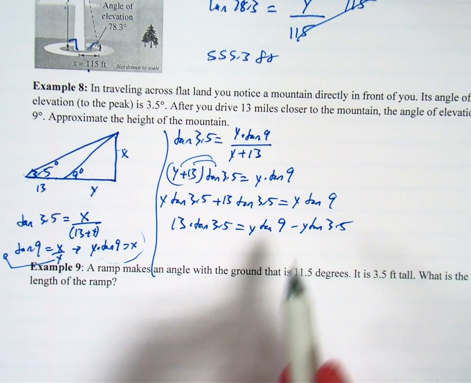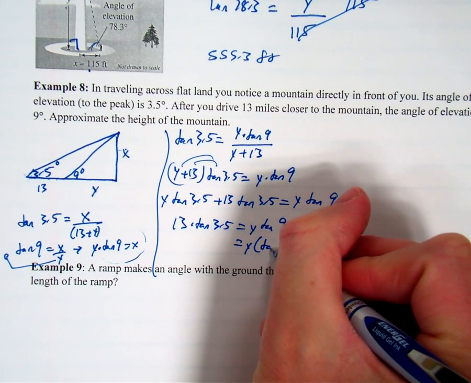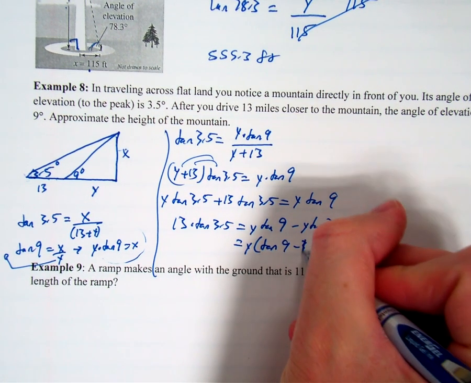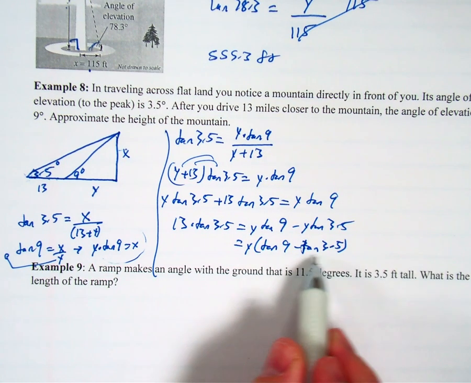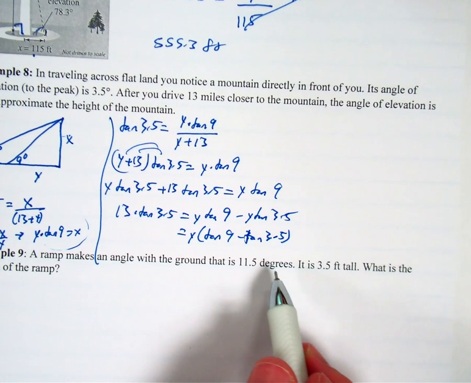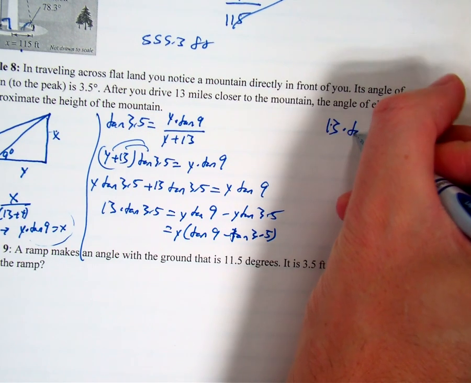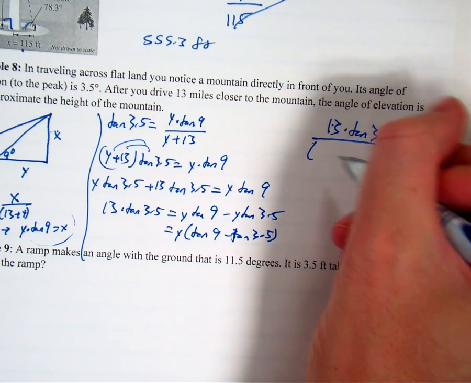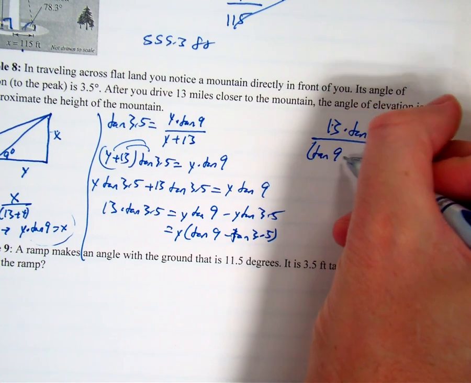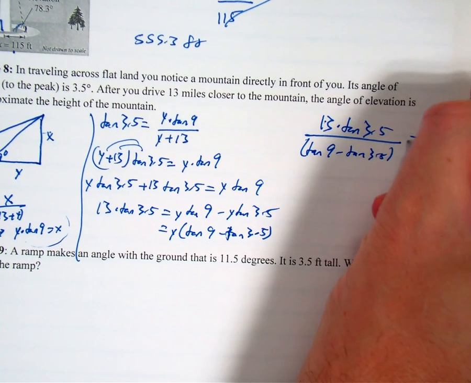And we'll factor out the y. Then you're going to divide by that mess. So we have 13 times tan 3.5 divided by the quantity tan 9 minus tan 3.5, and that's equal to y.